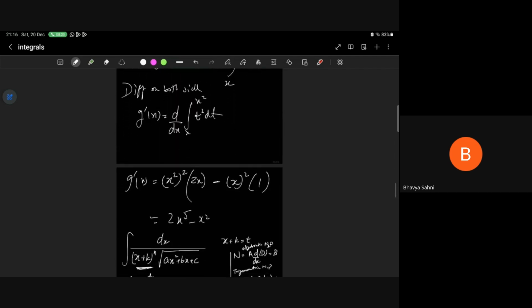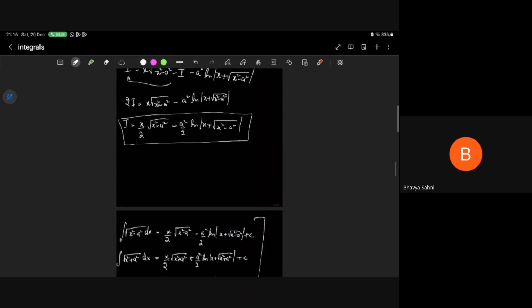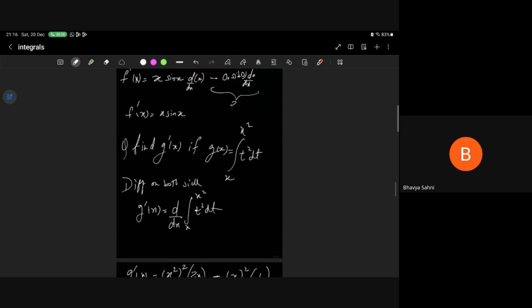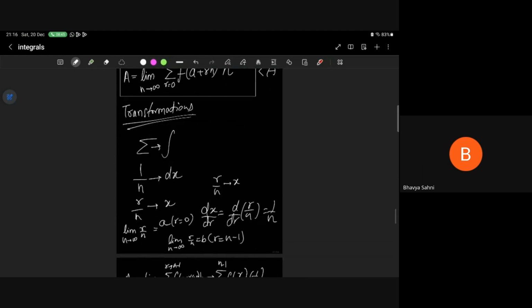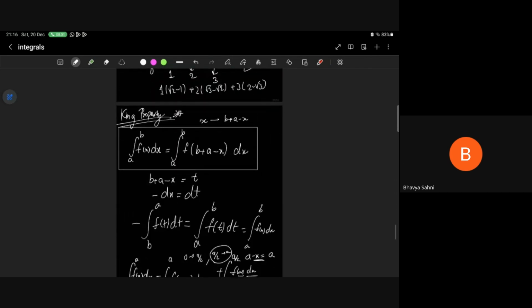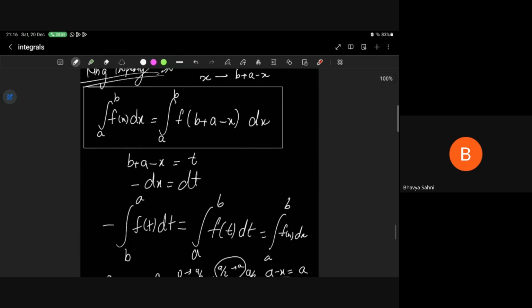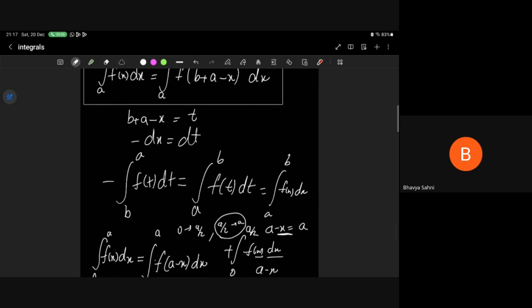King's property. If we see the King's property, this was King's property: integral a to b of f(a plus b minus x) dx. We can change the variable to upper limit plus lower limit minus x, and nothing will change.